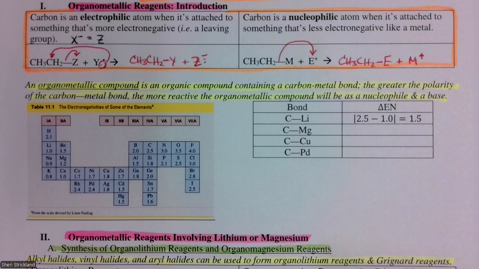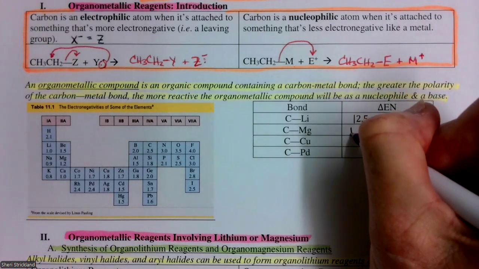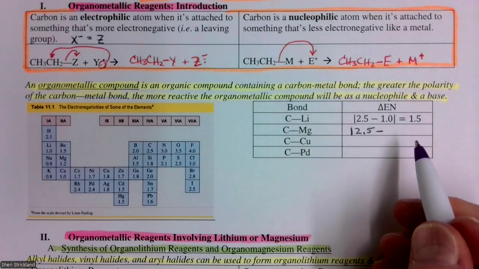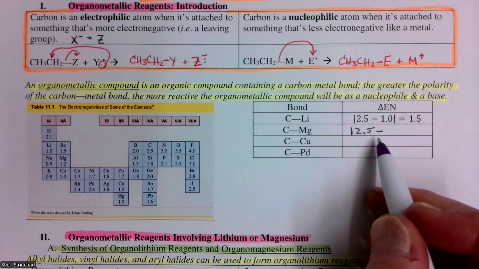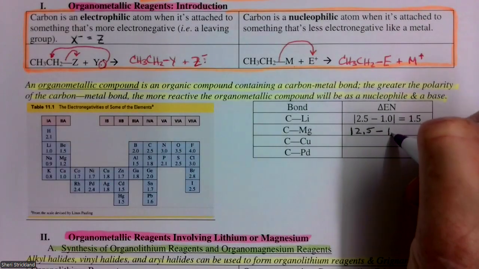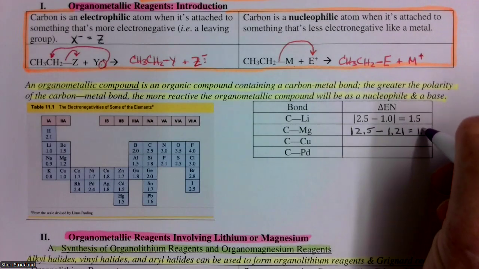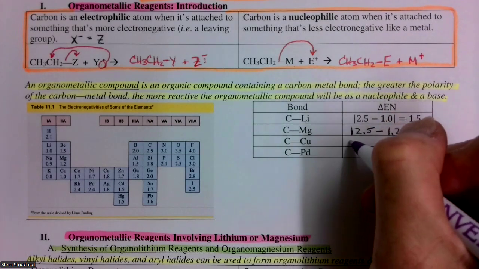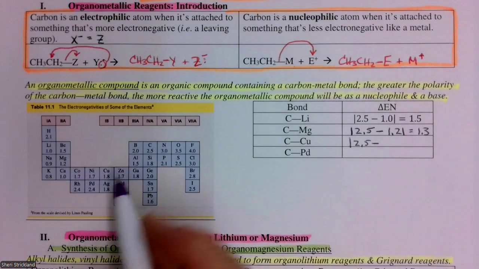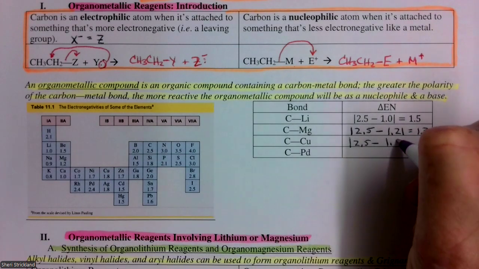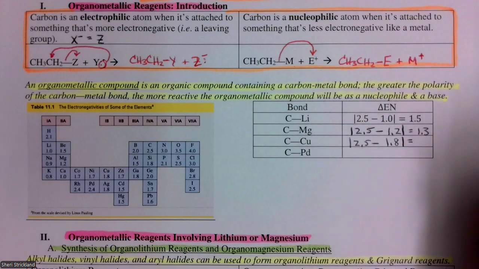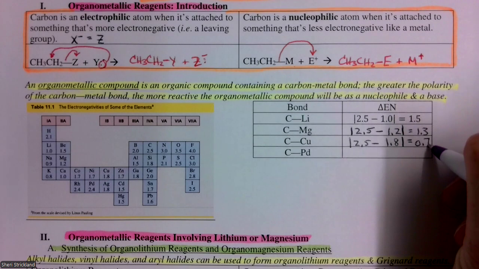All right, welcome back. So this is an absolute value. So you can put the bigger one first and the smaller one second or vice versa. And it doesn't make any difference at all. You get a positive difference. Magnesium here is 1.2. That gives us a difference of 1.3. Then we've got copper, which is over here at 1.8. That's 0.7.